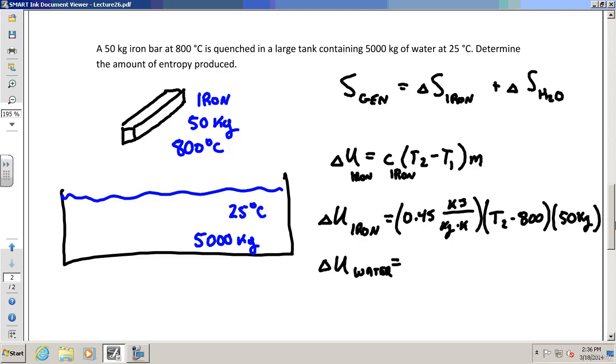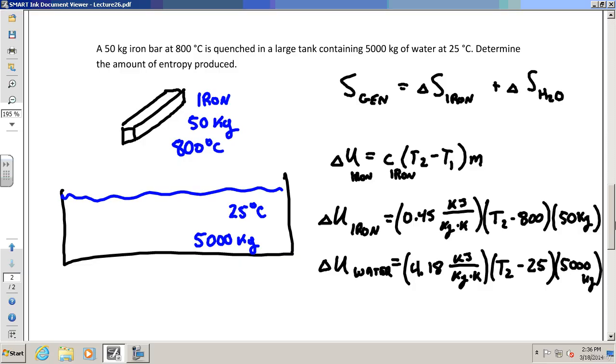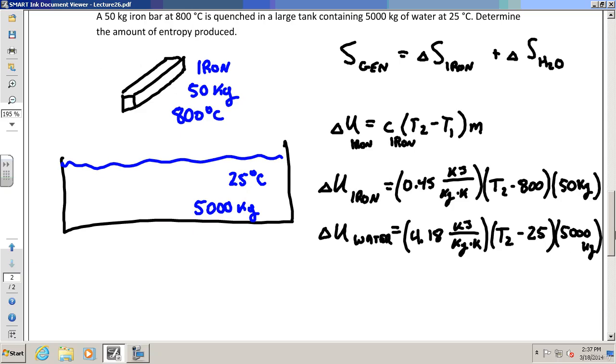Okay, so change in energy of the water is going to be, I'll keep consistent, specific heat of water, which is 4.18 kilojoules per kilogram K. The final temperature of the water is T2. The initial temperature of the water is 25 degrees Celsius. And the mass of the water, a lot of water, is 5,000 kilograms. Remember the water is going to be positive, the iron is going to be negative.